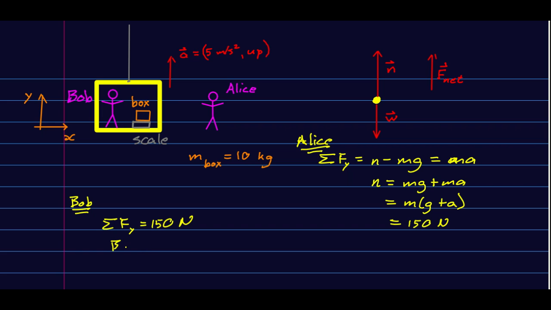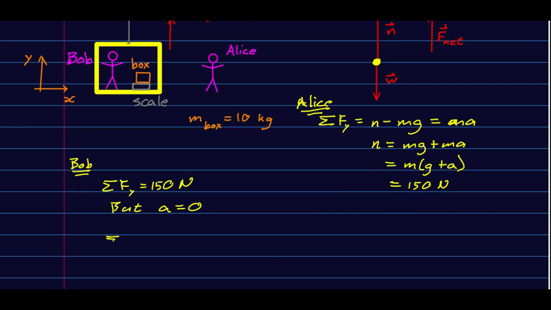But from Bob's point of view, the acceleration of the box is 0, right? Relative to him, it's not moving, and it's remaining non-moving. And so apparently, for Bob, the sum of the forces does not equal ma. So Newton's second law is failing from Bob's point of view. It works from Alice's point of view, but not from Bob's.